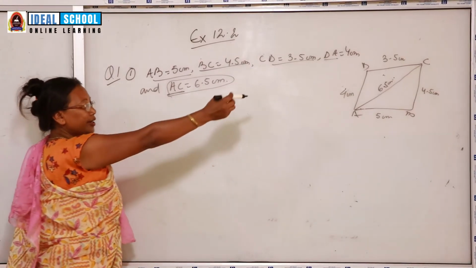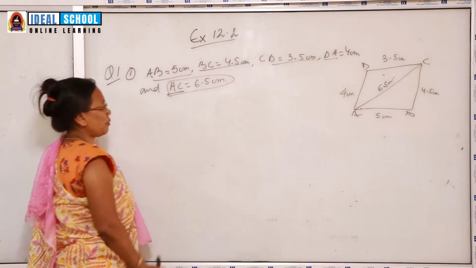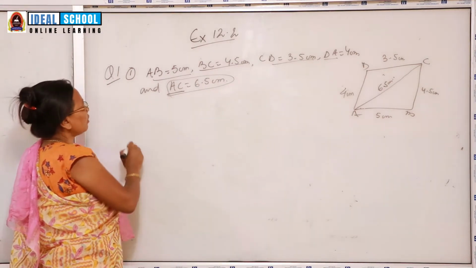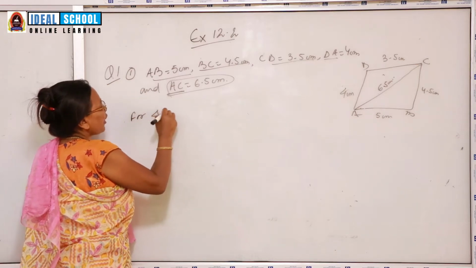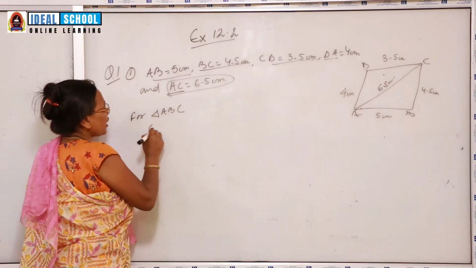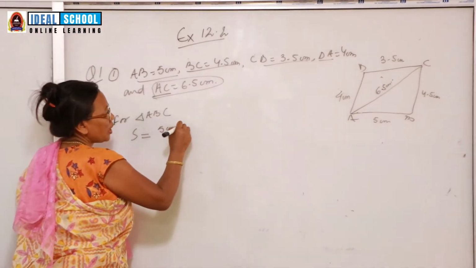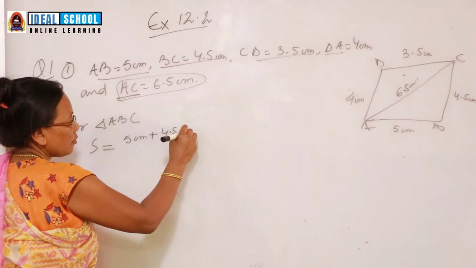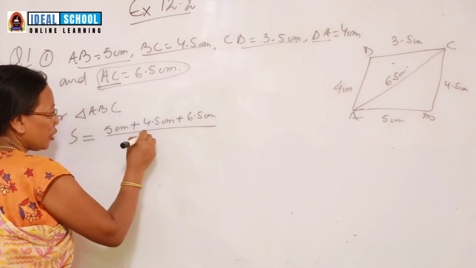Firstly, we need to find the value of S for these two triangles separately. For triangle ABC, S is equal to 5 centimeter plus 4.5 centimeter plus 6.5 centimeter by 2.